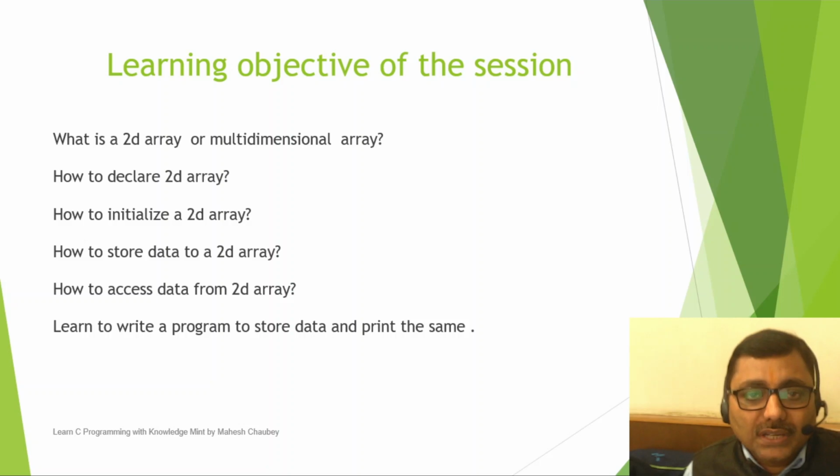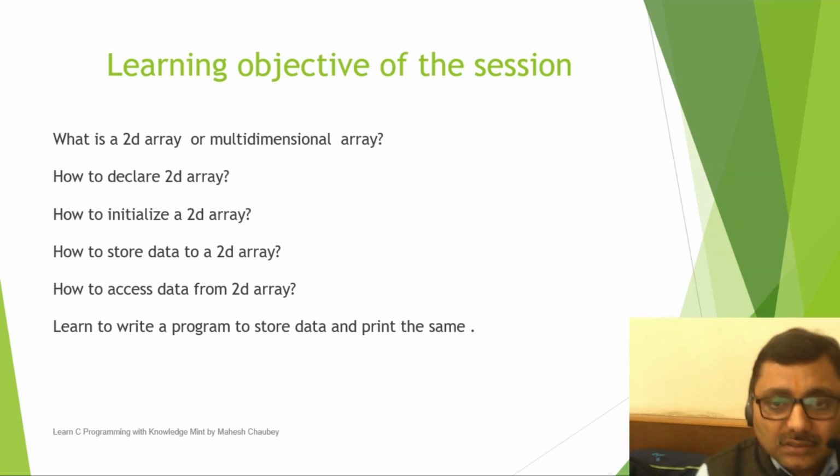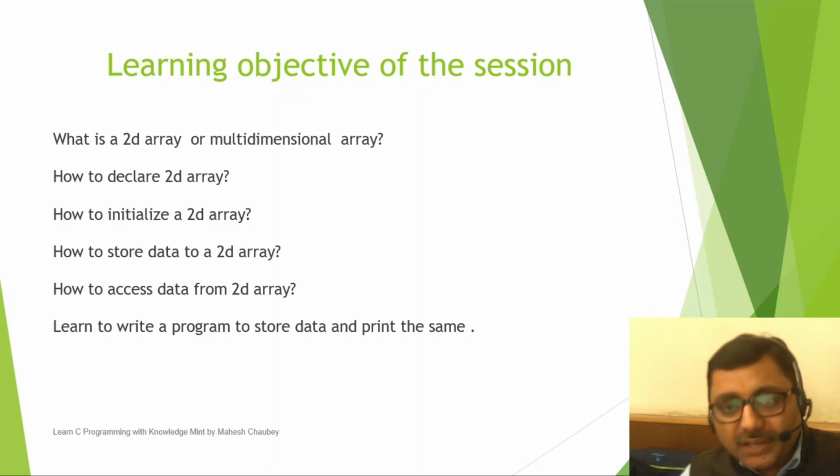We'll learn how to declare a 2D array, how to initialize it, how to store data to a 2D array, and how to access data from it. Finally, we'll write a program which will store data in a 2D array and print the same by fetching it.